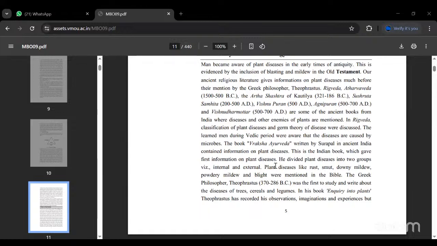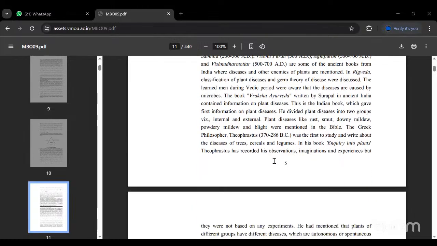Plant diseases like rust, smut, downy mildew, and powdery mildew were observed. The Greek philosopher Theophrastus was the first scientist to write about the diseases of trees, cereals and legumes.